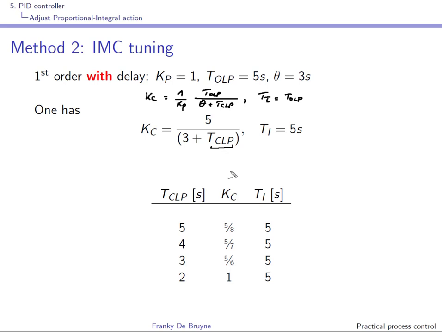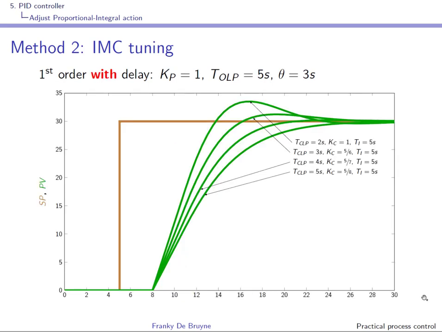And if you do this, and you, for instance, take a TCLP that decreases from the open loop time constant, 5 seconds, to 2 seconds, well, these are the control parameters that you obtain. And what we can now have a look at is the step responses that are associated to these PI controllers. Here you see the 4 closed loop responses with the set point change in brown and PV in green.